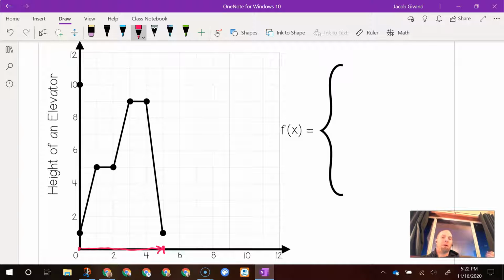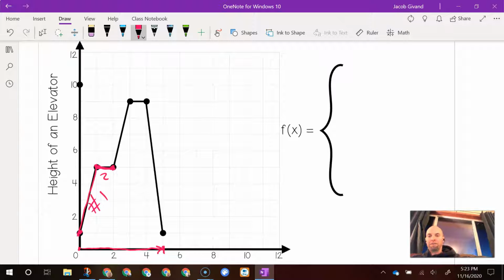Now, how many parts or pieces are in a function like this? Well, the easy way to figure it out is just to count the different little individual lines. So from 0, including 0, to 1, there's the first piece of the function. Then from 1 to 2, the domain of this next little piece is just from 1 to 2.